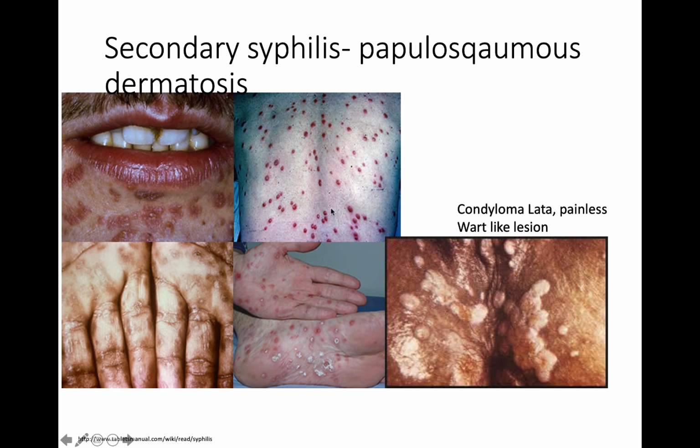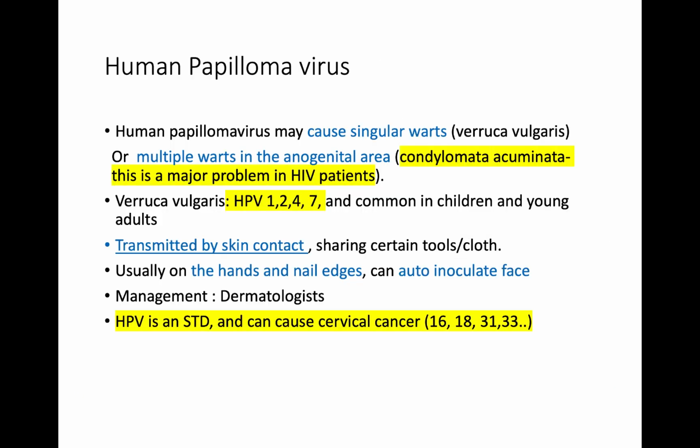So secondary syphilis: papillosquamous dermatosis, condyloma lata. Condyloma acuminata is also around the anus, but due to a viral illness, HPV, which we will talk about now. So here we go to talk about HPV.